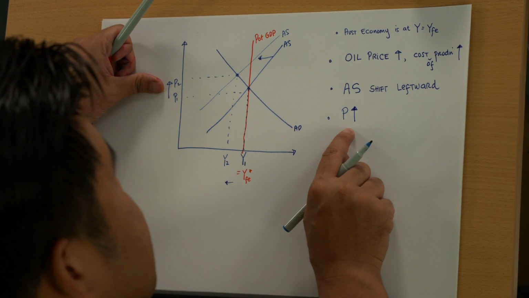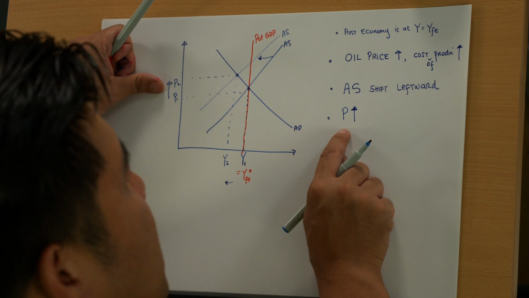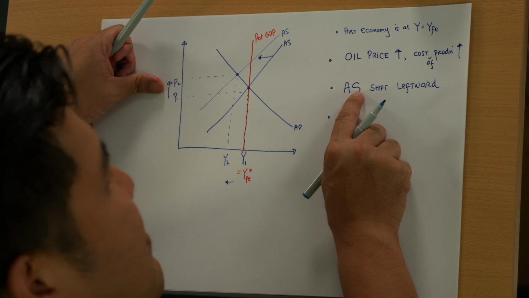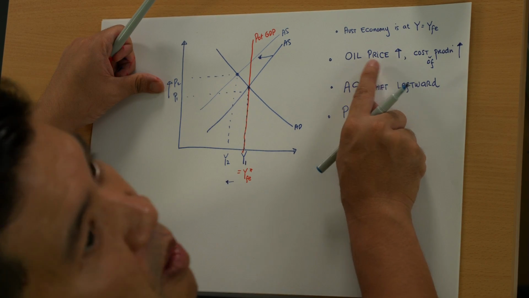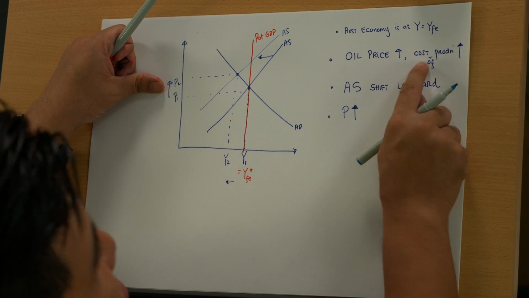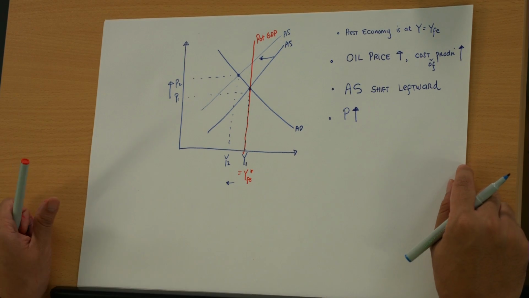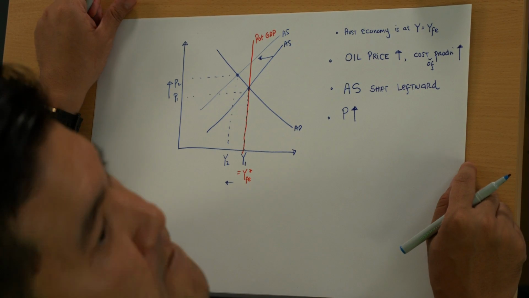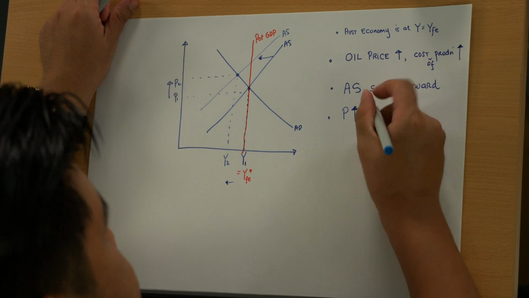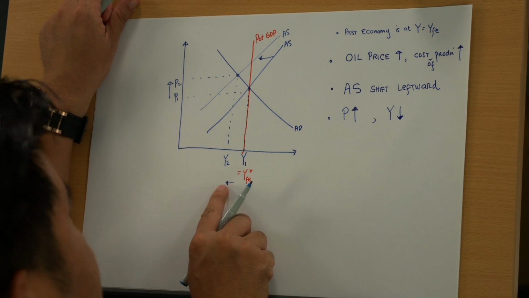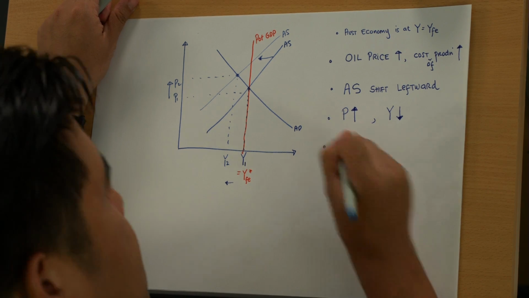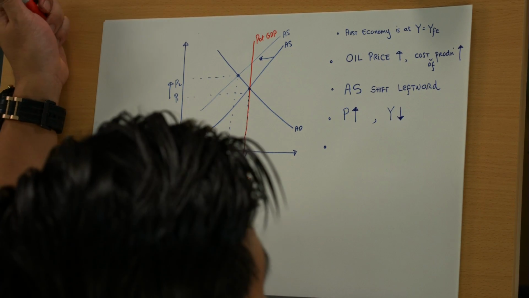Cost push inflation that was caused by the AS curve shifting to the left due to the higher oil price that is causing our cost of production to be more expensive. And we also see here Y goes down.